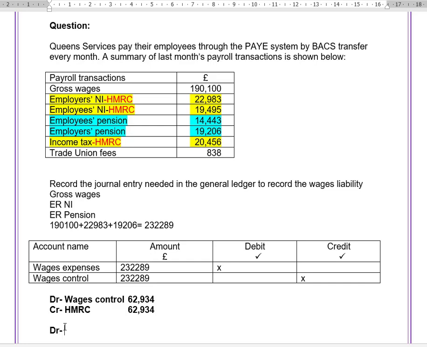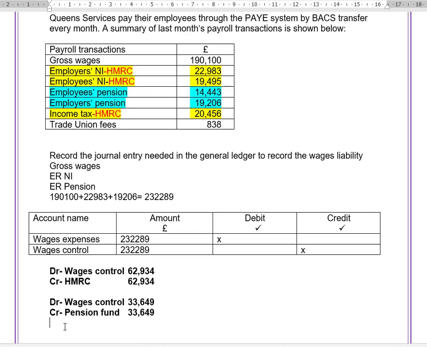So you have pension liability established with a journal. You'll be debiting wages control with the total, and you will credit your pension fund account with the same amount.